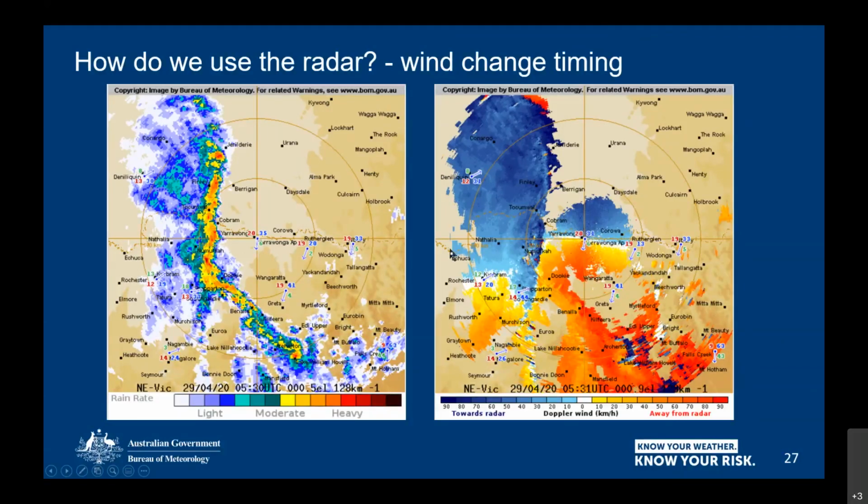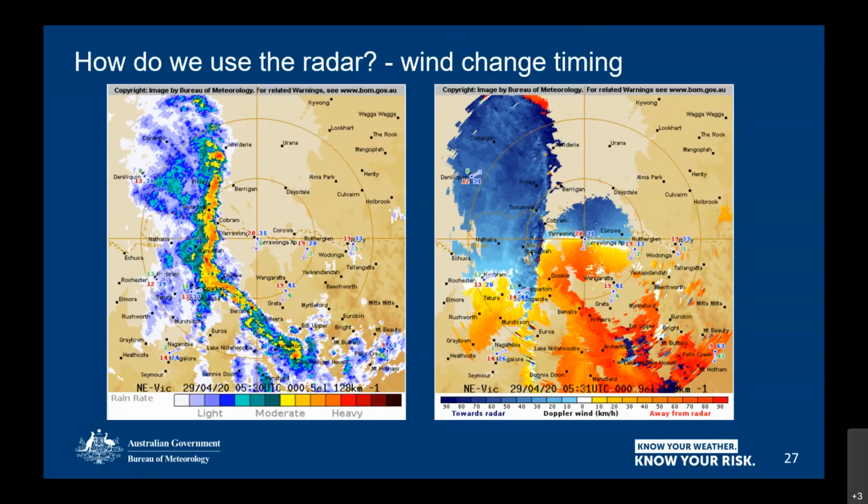And over in this part, we have our westerlies, coming into the radar. And this is nicely where our wind change is. We've got winds coming in this way, and then winds coming in this way. So this is our wind change right here. Now, keeping in mind, it's only the radial component.